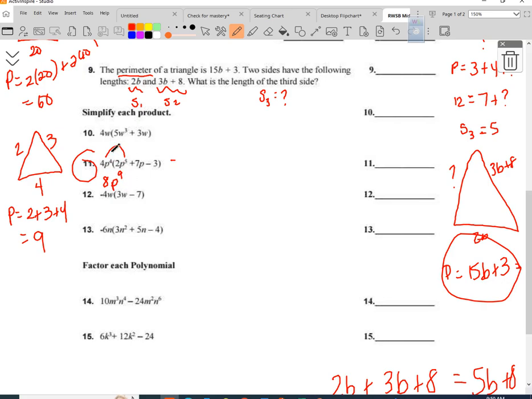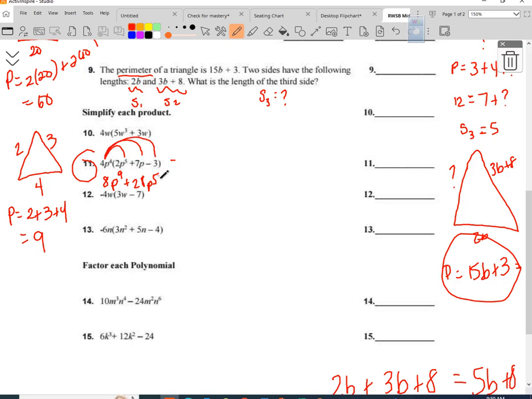Okay. So now we're going to do 4p to the fourth times 7p. Number times number, so it's a positive 28. What's p to the fourth times p? P to the fifth, very good. And now we have 4p to the fourth times negative 3.